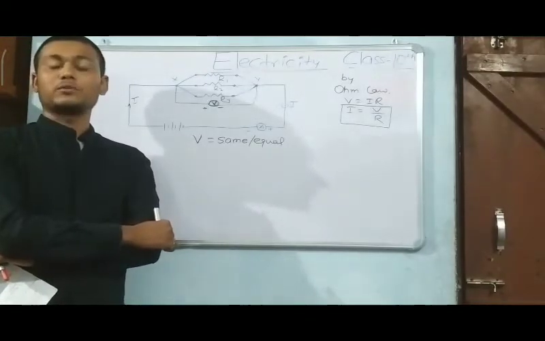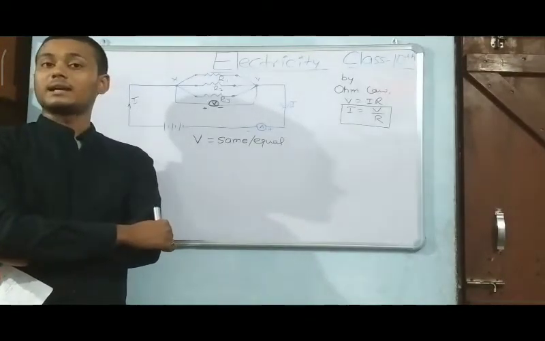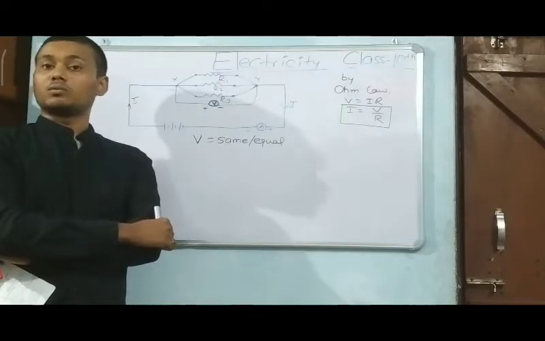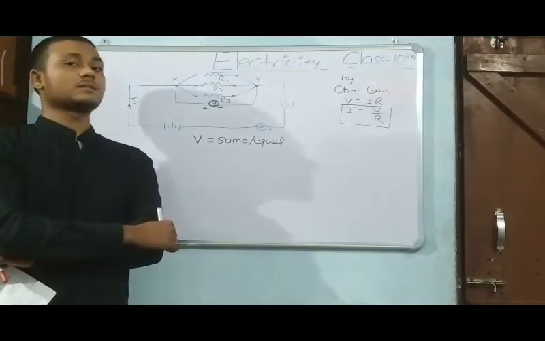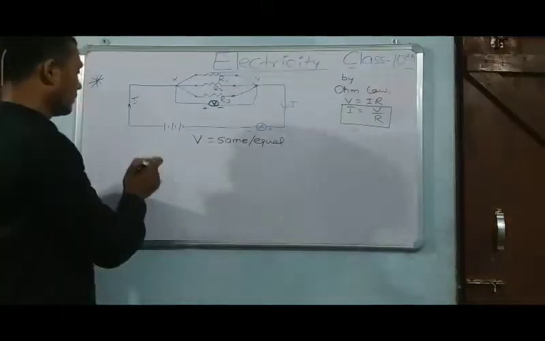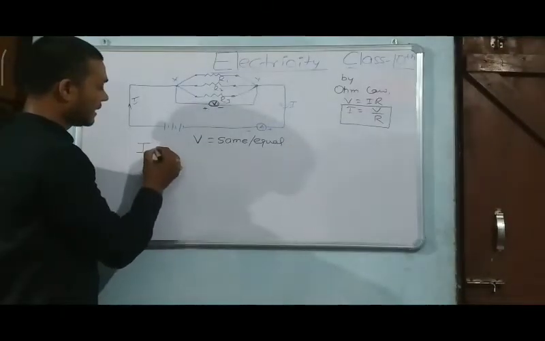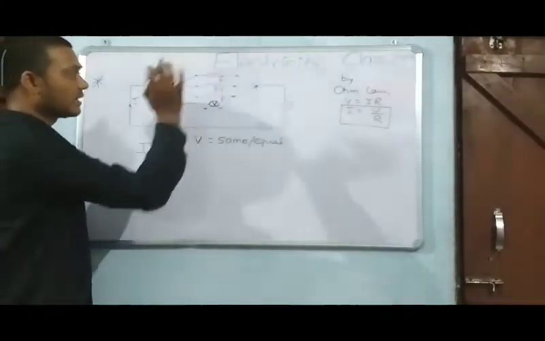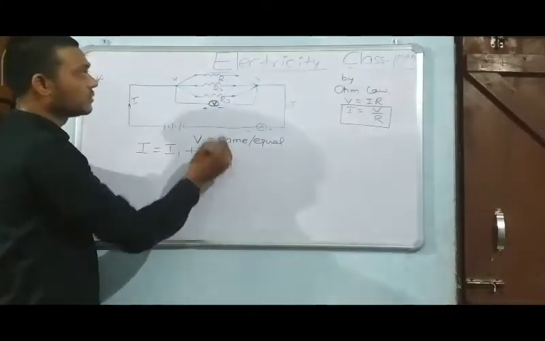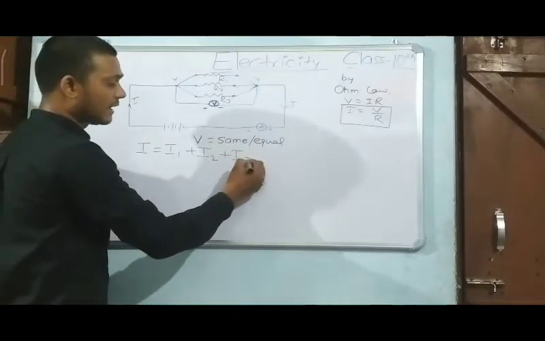So we have to find the equivalent current, which is equal to the summation of all the individual resistors' currents. It means I equivalent is equal to I1, the current flowing in resistor R1, plus I2 in R2, plus I3 in R3.